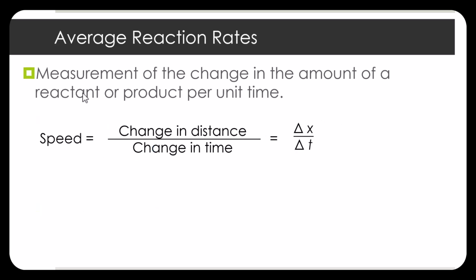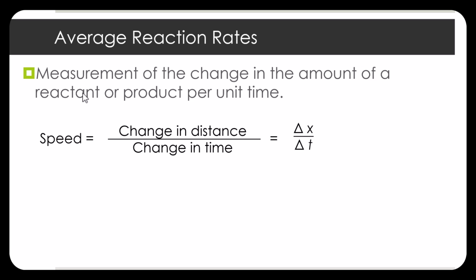So average reaction rates is the measure of how a reaction changes over a given amount of time. We're used to these average rates. We've used them every day without really thinking about them. So one example of average rates would be speed.